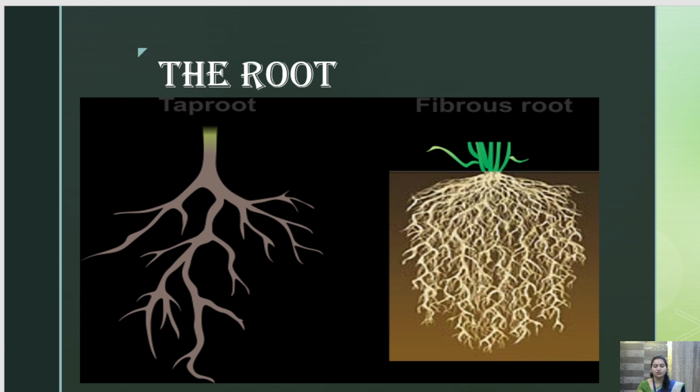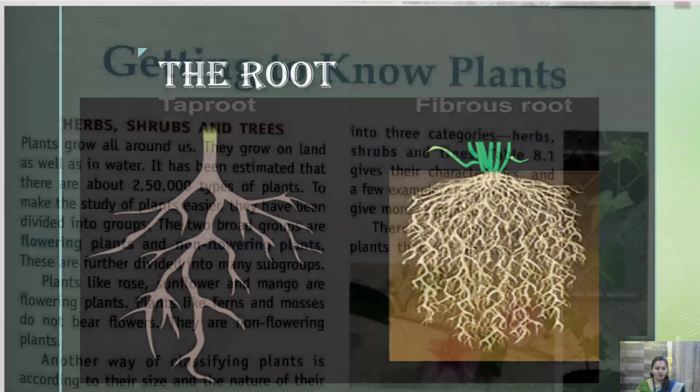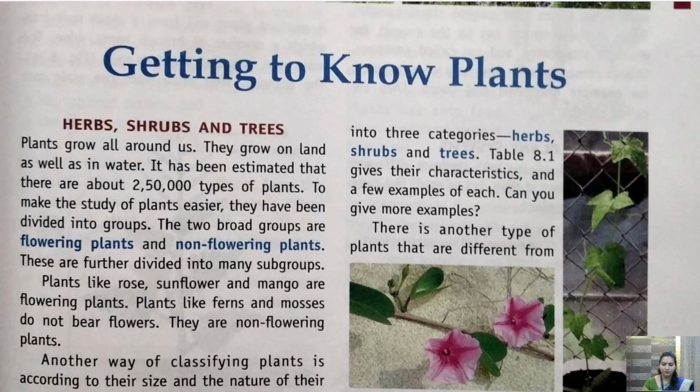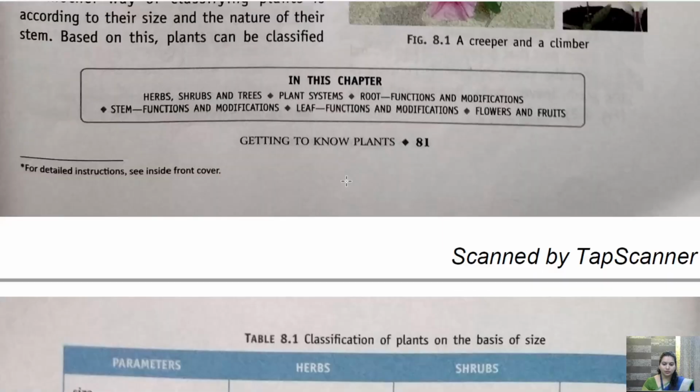The pattern of root can be of two types, taproot and fibrous root. In a taproot we have one main branch and there are several lateral branches present, whereas in fibrous root no main root is present. I'll show you the figure in the book. Children, you can open the book and see the figure there also.